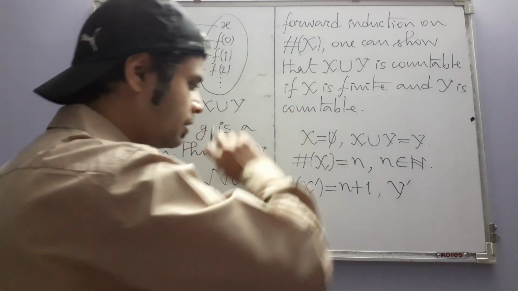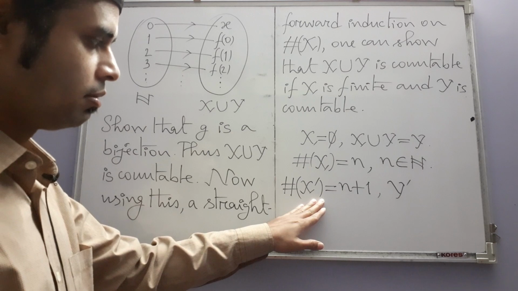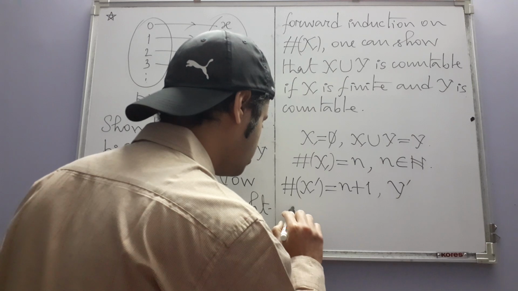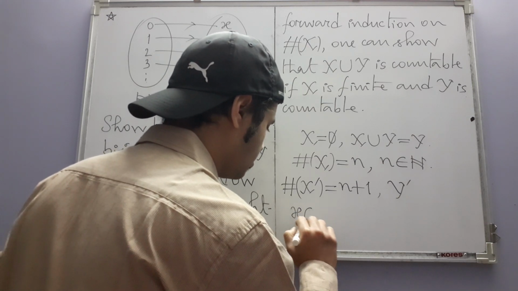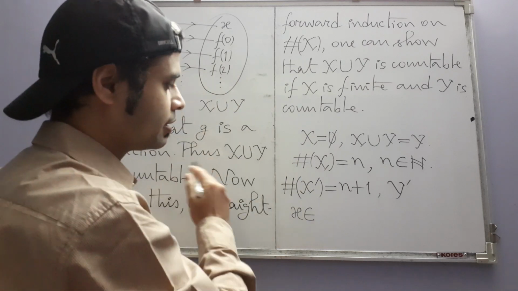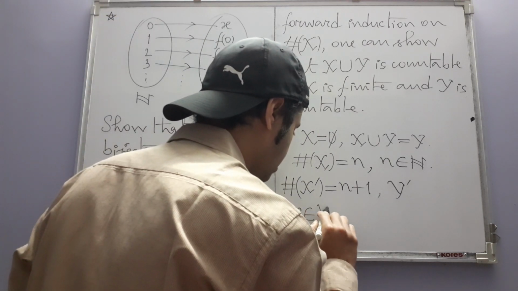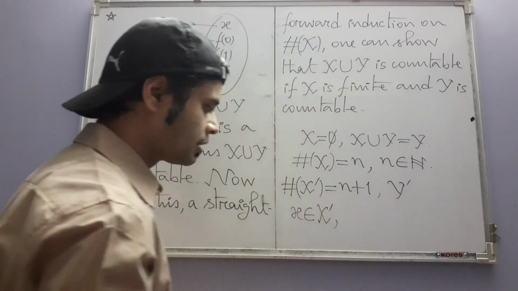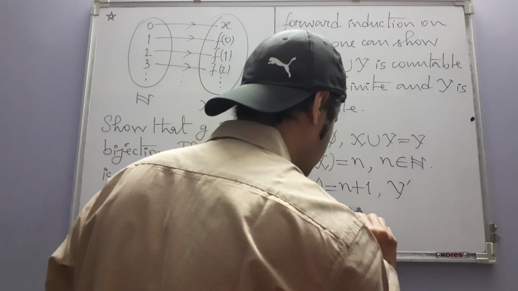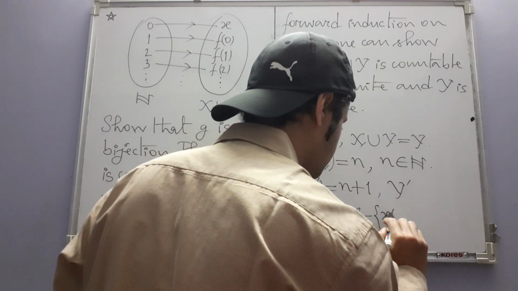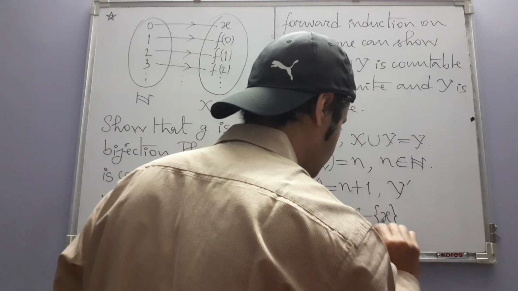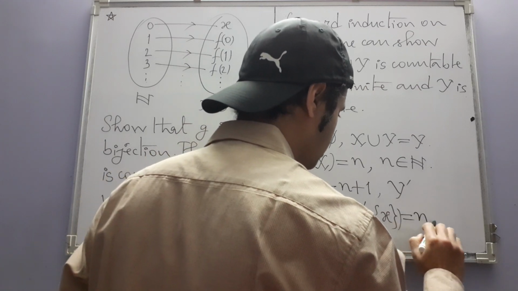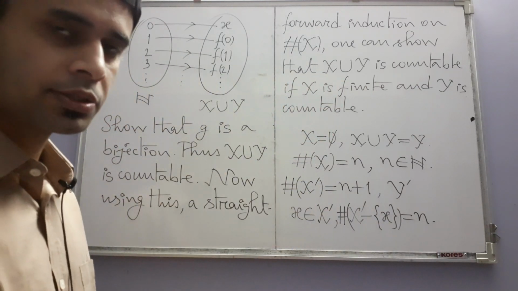Then using a previous result about finite sets, you can choose an element, say x. Do not confuse this x with that x, that thing is over, this is in X prime. So what that previous result says is that once we choose one such element in X prime, then removing x from X prime results in a set whose cardinality is of course N, one less than the cardinality of X prime.